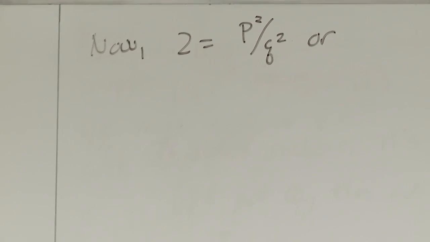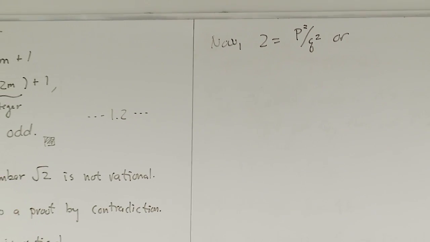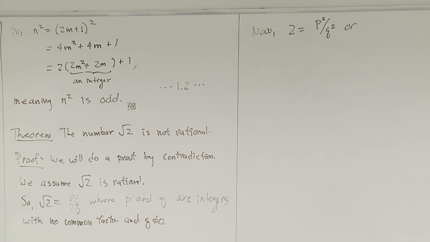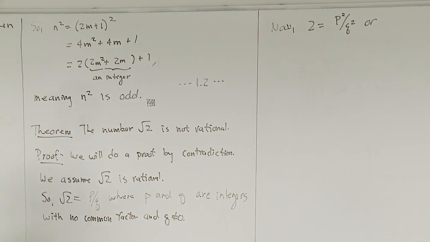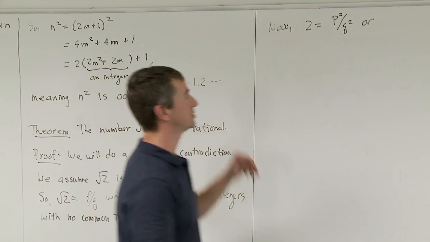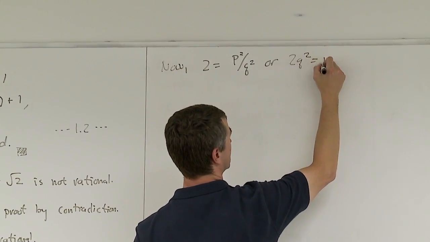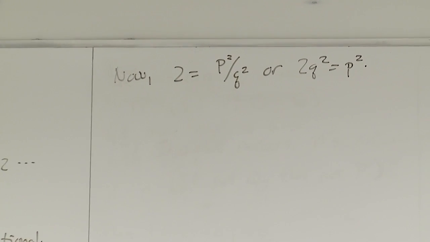If you're also like many students, you don't like what else about this equation? The denominator being q squared, too. Yeah, I mean, I don't like the fact that it's a fraction. So I could just multiply both sides by q squared. So now I don't have any square roots and I don't have any fractions.